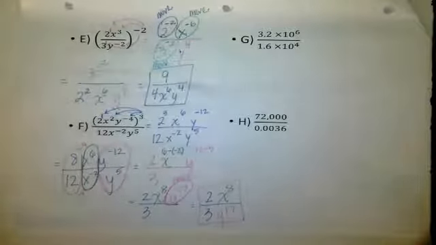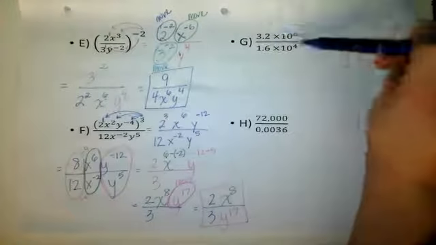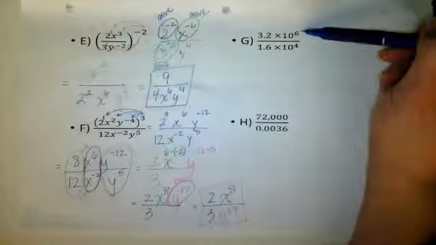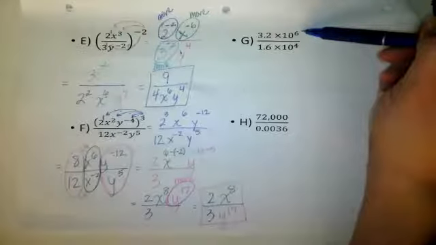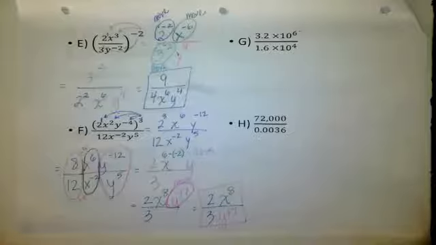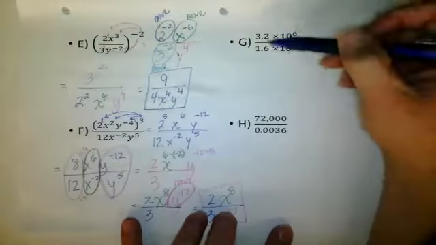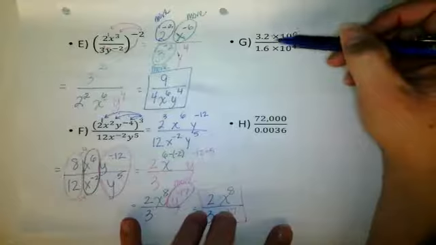All right, letter G. What is this called? 3.2 times 10 to the 6th. Scientific notation. Scientific notation is actually just properties of exponents. This is the same exact idea.